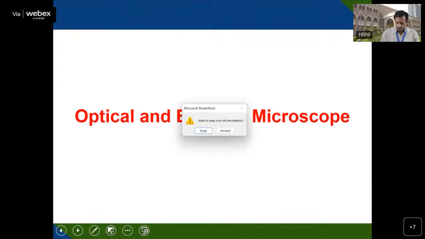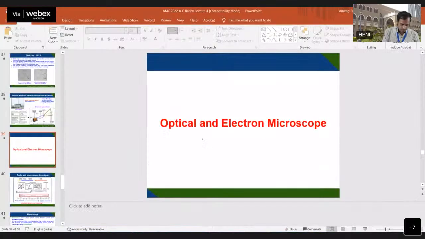If you have any questions, we can discuss this part, small angle neutron scattering and X-ray scattering, and then we'll go to the second part, that is optical and electron microscopes. If there are any questions, you can raise them.